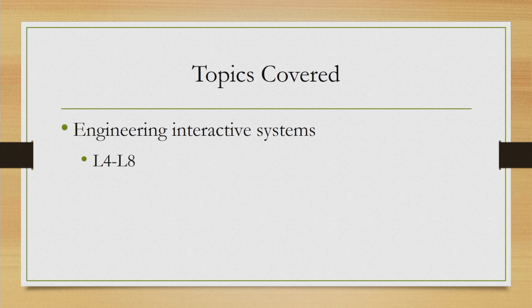The next 4 lectures, from lecture 4 to lecture 8, were devoted to understanding the engineering process involved in the design of interactive systems. Essentially, we covered the software development life cycles that are required to build an interactive system software.